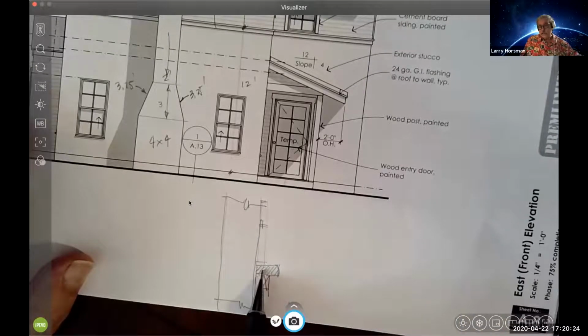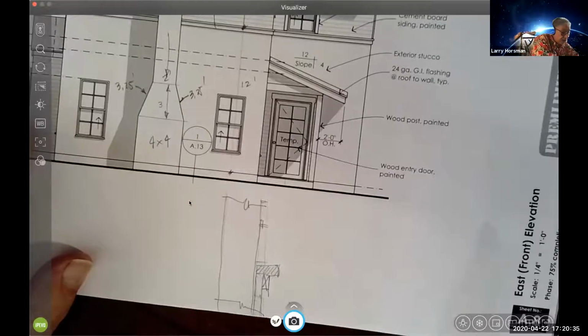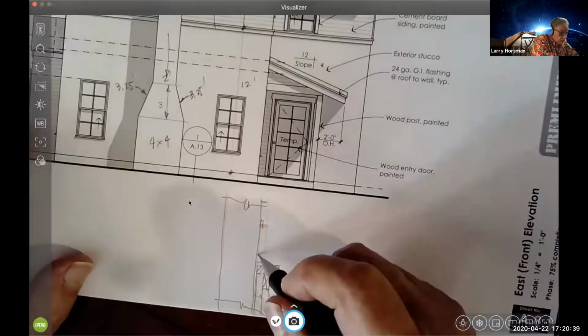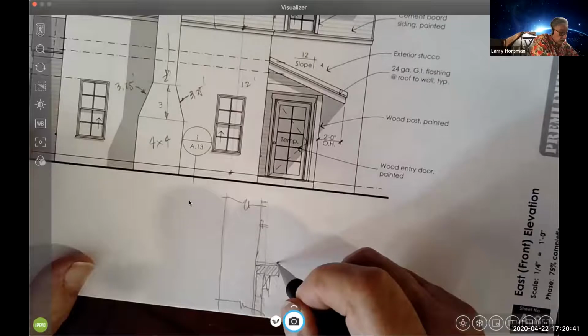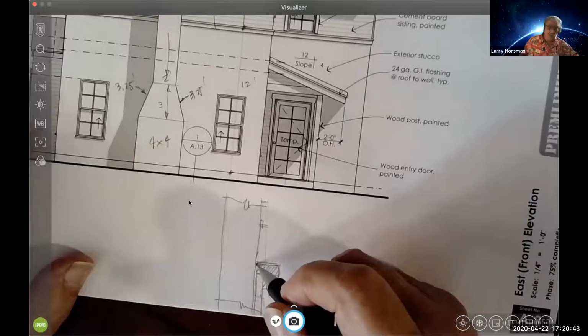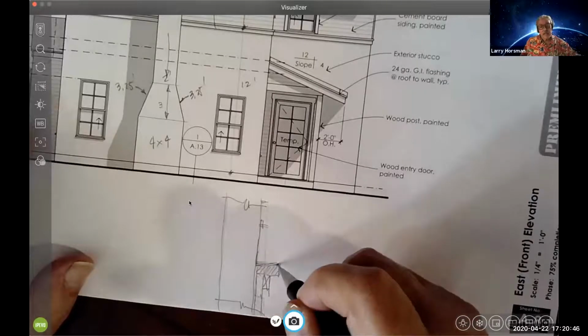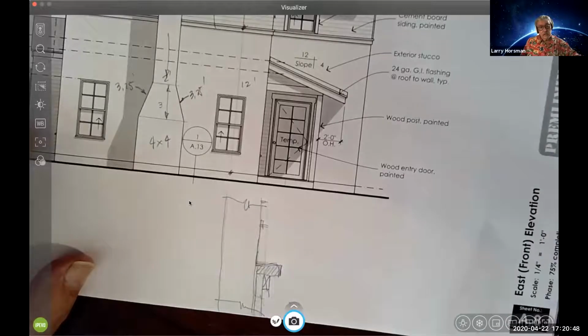Now, whether that sits totally outside of the line of the finish or whether that acts as a shelf and we've got to bring some flashing down. Normally I would expect that to do something like that for the flashing.